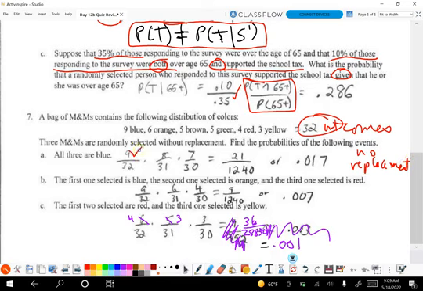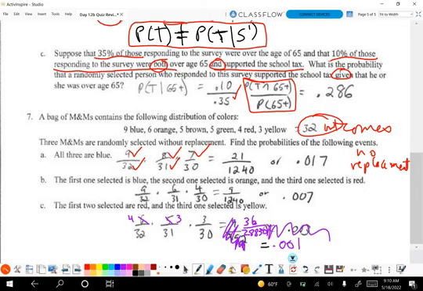I started with 9 blue M&Ms. By the time I got to the third pick, it's only going to be 7 blue M&Ms left. When I'm talking about the denominator, there were 32 total M&Ms. If I picked the blue one and ate it, now there's 31 M&Ms.